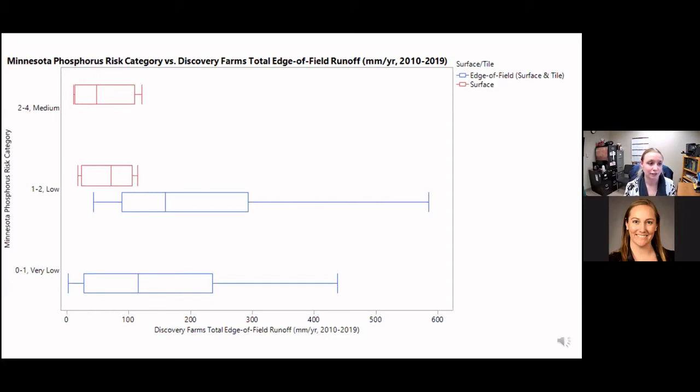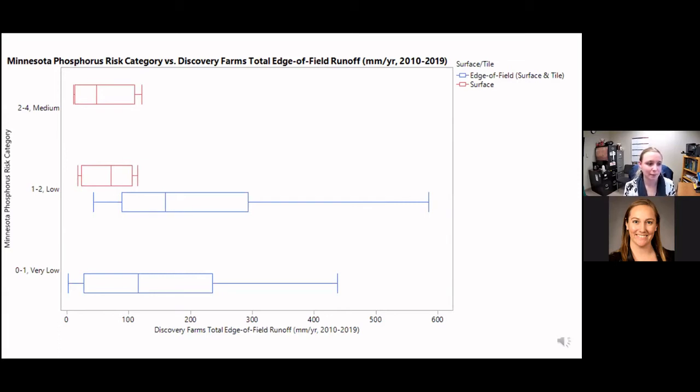And when it's graphed with the MNP risk category here along the y-axis, we see that the very low category is on its own maybe not that interesting, but when we compare it to the low category, and here we do have red and blue. So surface is red, edge of field surface plus tile is in the blue. So that's how these boxes are distinct from one another.